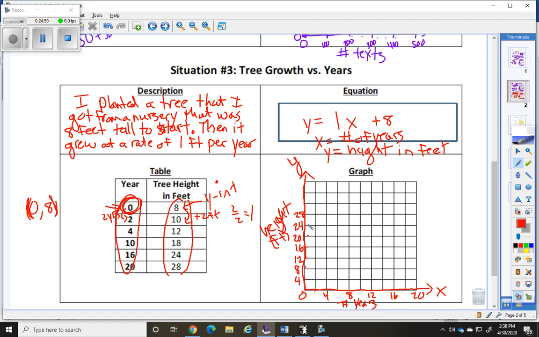So notice each time I seem to be picking a different scale. I really do plan ahead. I don't know if you notice, I count my boxes, I figure out what's going to fit. I want to be able to spread it out nicely. Fours was good because I can see that the heights of the trees are in multiples of 4.